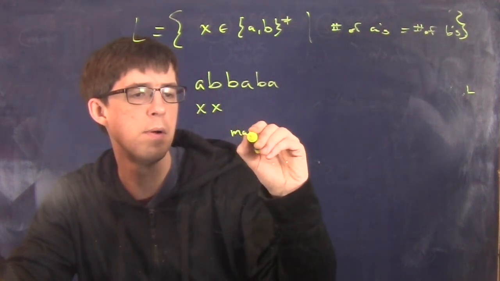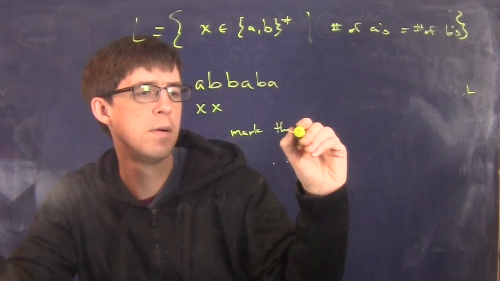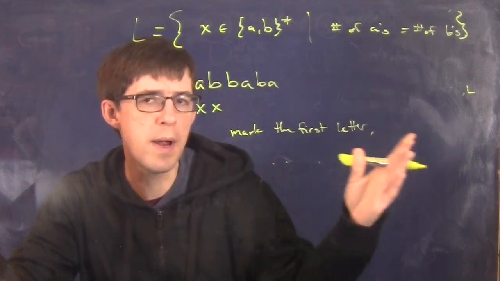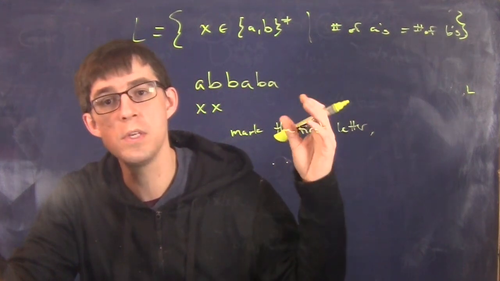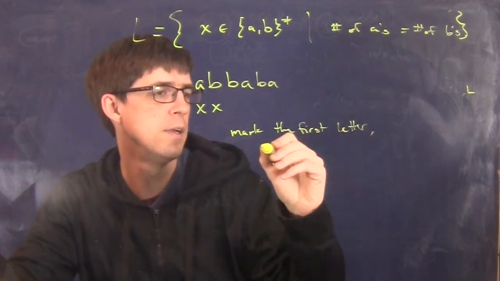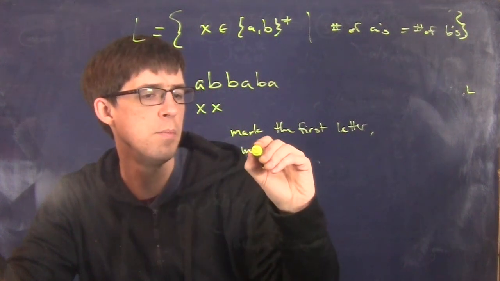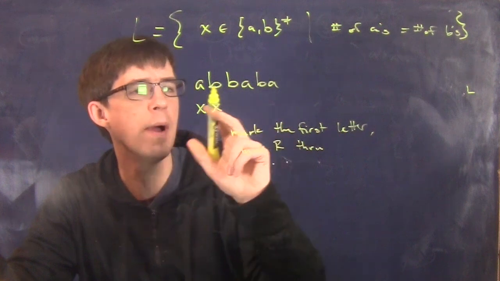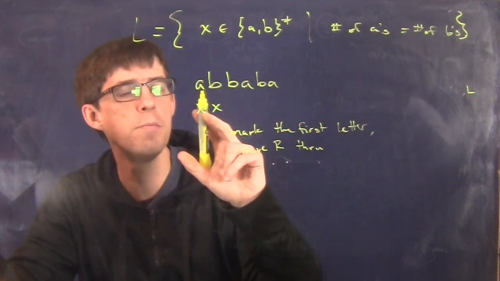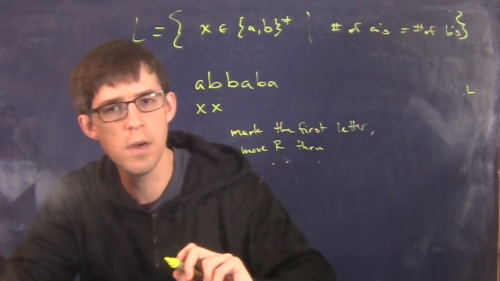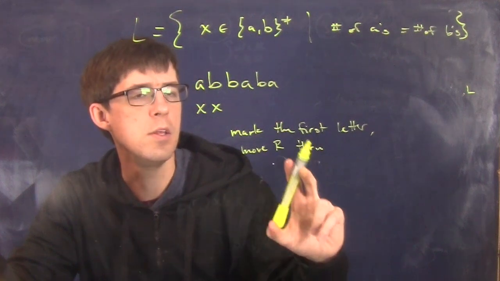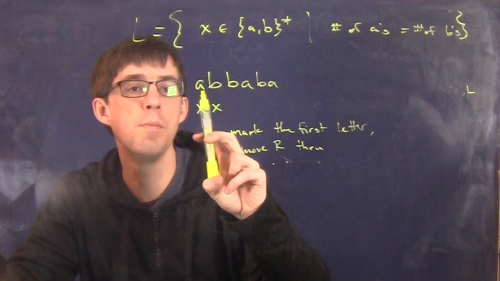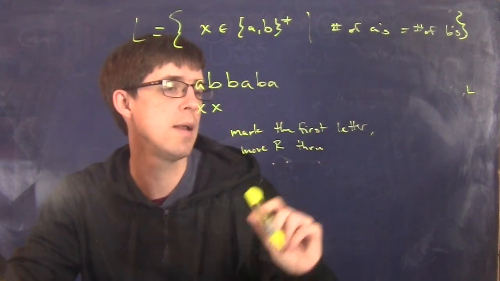I will just say something like: mark the first letter. Move to the right as far as you need to in order to see a copy of the other letter. You might have to move to the right through some X's you've already marked, or you might have to move through more copies of the same letter that you're looking at.